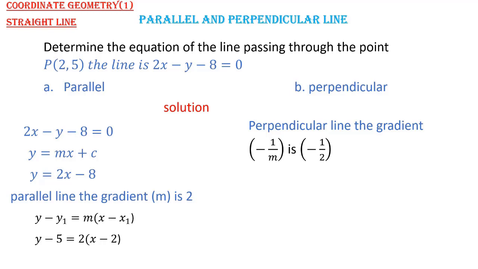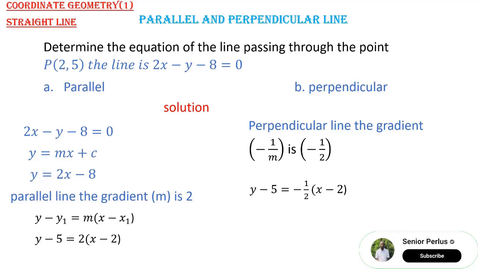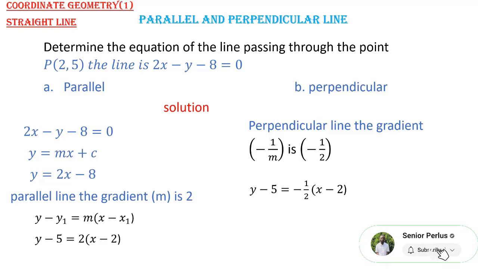And here our gradient was 2. So the negative reciprocal of this is -1/2 for perpendicular. Then we substitute. So our point is y1 is 5, x1 is 2.